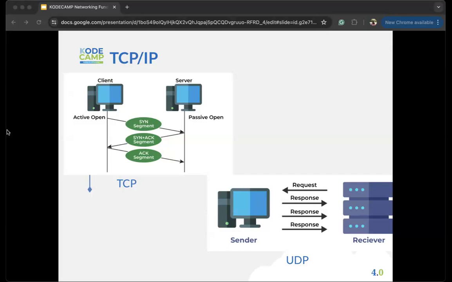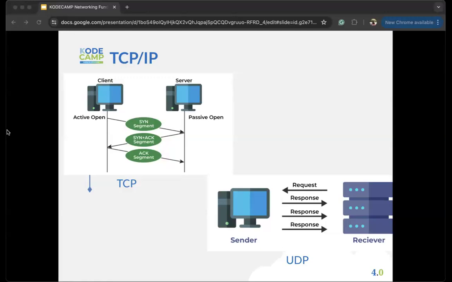So the client first sends a synchronization segment to the server, and the server has to respond with a synchronization acknowledgement, acknowledging that yes, it's alive and ready to begin the communication. And then the client also has to respond again, acknowledging that the server is up. So this ensures that both client and server are up and ready for the communication.